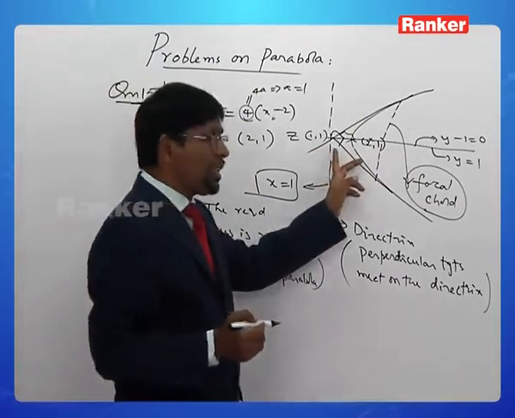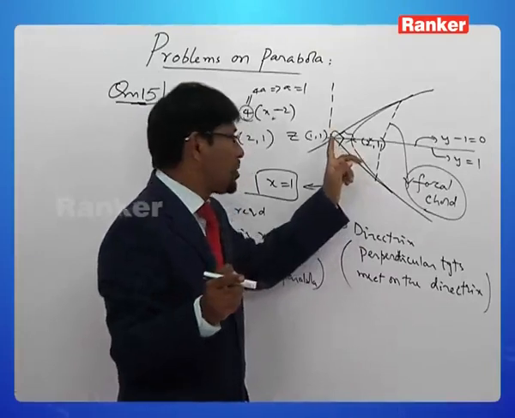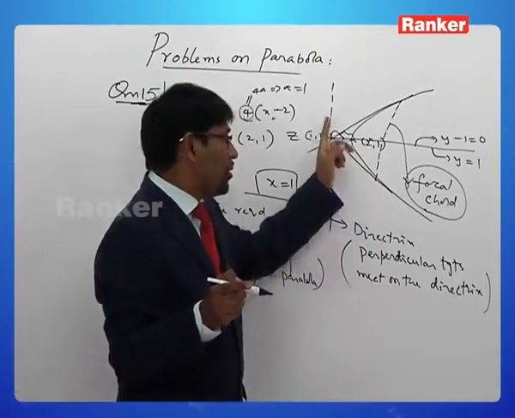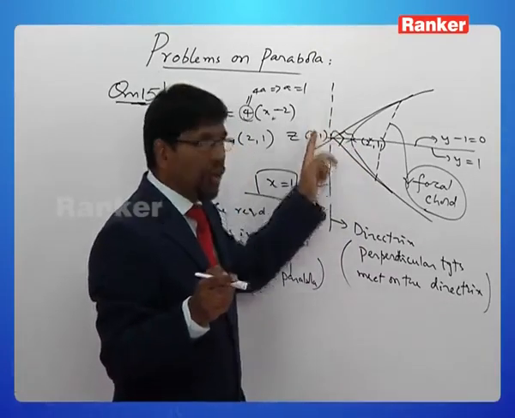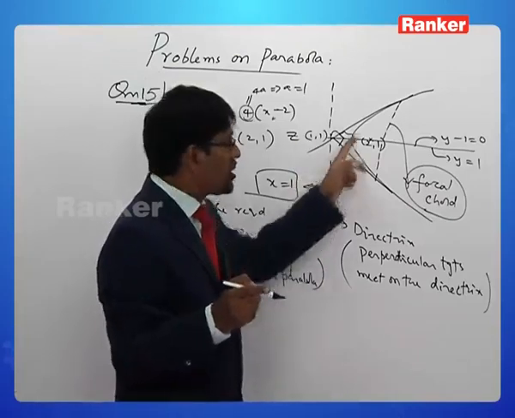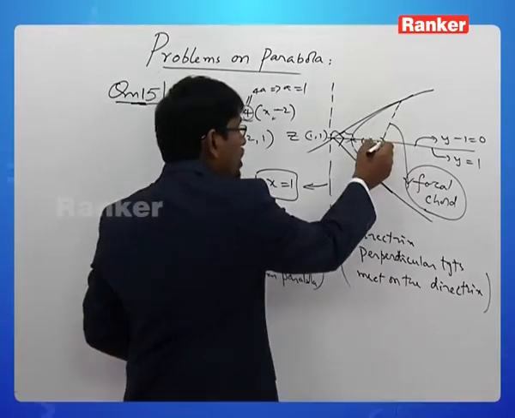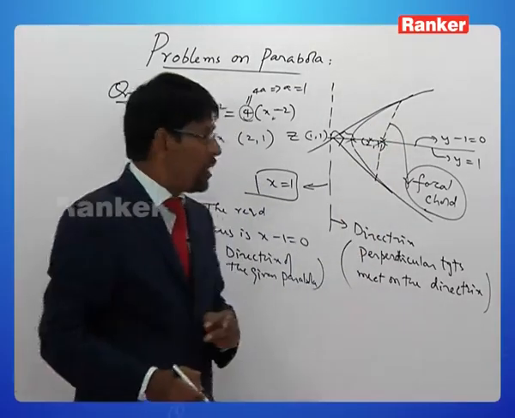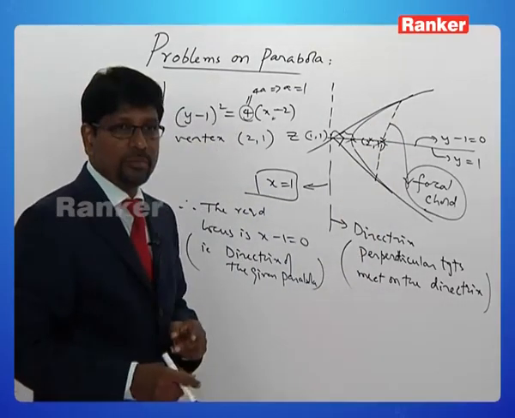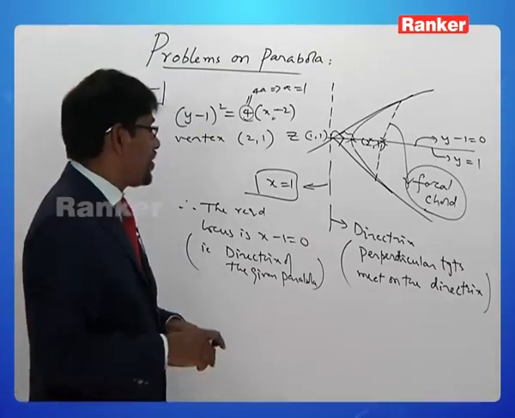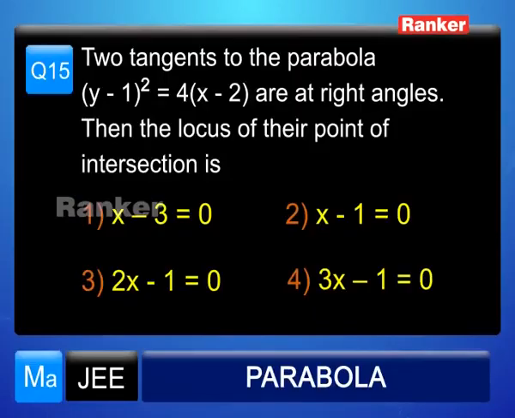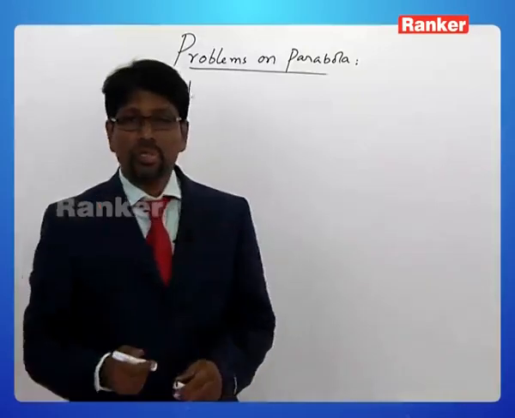That is, the chord of contact of a pair of tangents which are perpendicular, of course, they have to be drawn only from a point on the directrix, and that chord of contact is going to be passing through the focus, and therefore will be a focal chord. Right, so option 2 is correct. So let's move on to the next question.